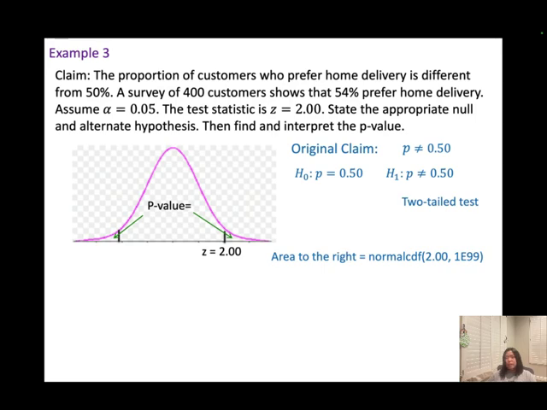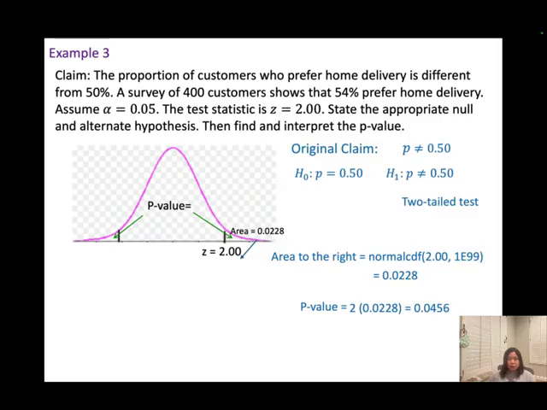So normal CDF, lower value 2 to upper value 1e99. And you should get this, and this is only the area of your right tail. So for the p-value, you need to multiply by 2, which is going to be 0.0456.